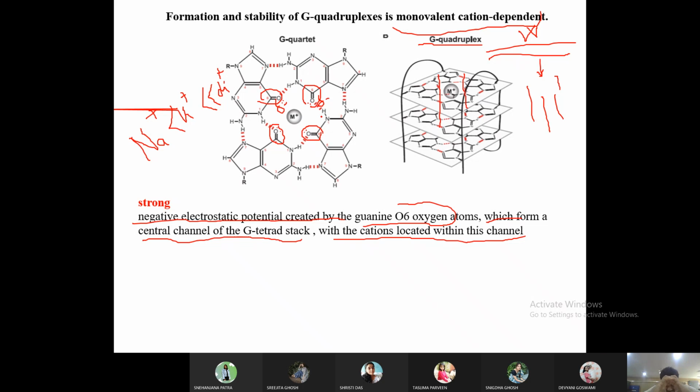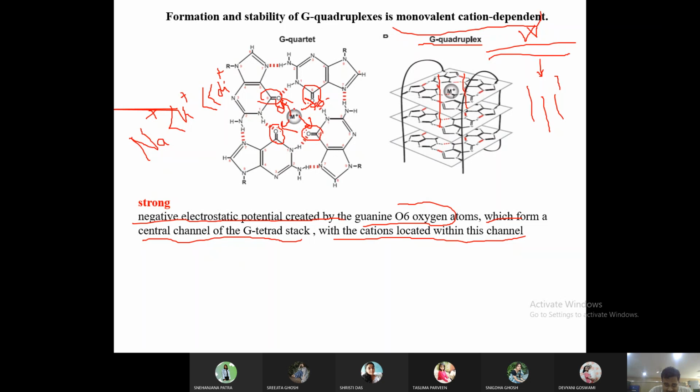Inside this structure, these monovalent cations float inside. From all four sides, the ion is getting pulled by four partially negative oxygens, and between these partially negative oxygens and the full charge of the metal ion, it is getting four attractive forces like this: 1, 2, 3, and 4.